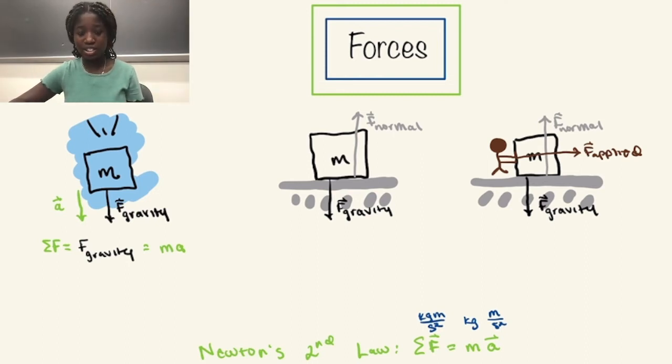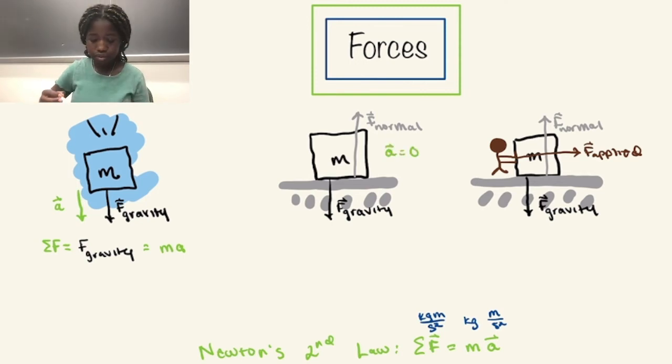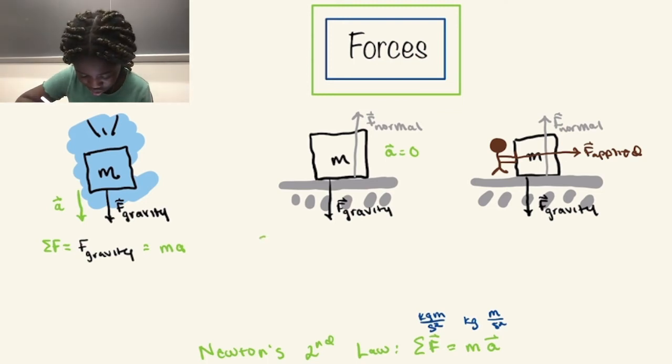Now to our second scenario. We have a block on ice and it's not moving. So acceleration is 0. Let's write out our equation. The sum of the forces equals the normal force minus the gravitational force.